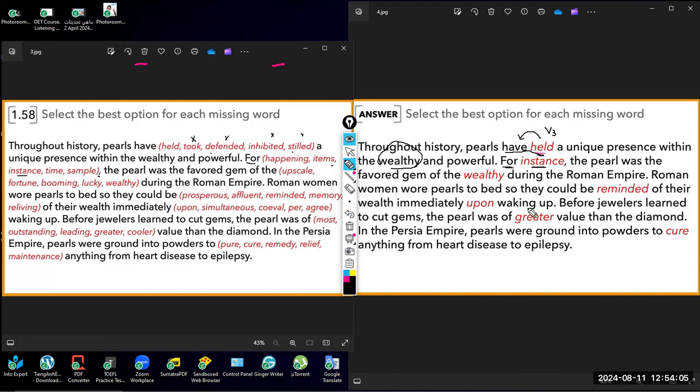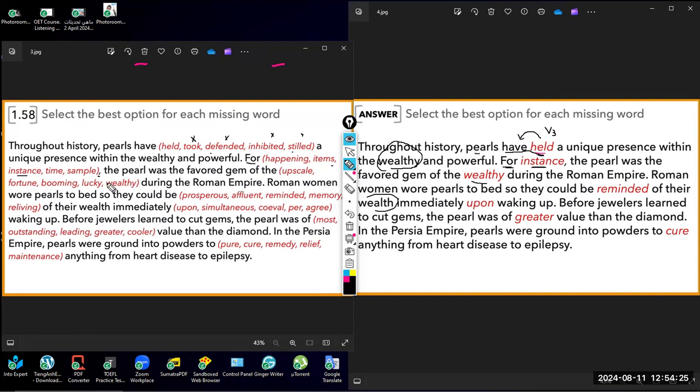So for instance, the pearl was the favorite gem of the wealthy. Now, keep in mind that I'm talking about wealthy. This is wealth. This is wealthy. So I'm talking about the wealth of pearls.